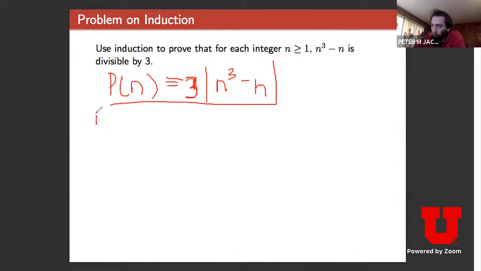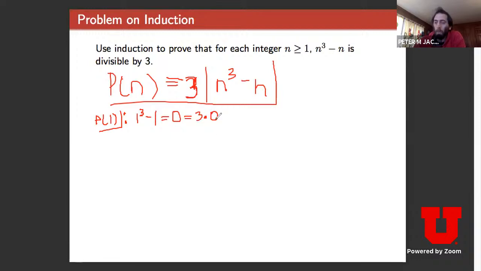So let's see, I'm just going to write this out, P of 1. This is proving that P of 1 is true. To do that, we write out what n cubed minus n is when n is equal to 1. That's 1 cubed minus 1, which is equal to 0. And 0 is equal to 3 times 0, and 0 is an integer.